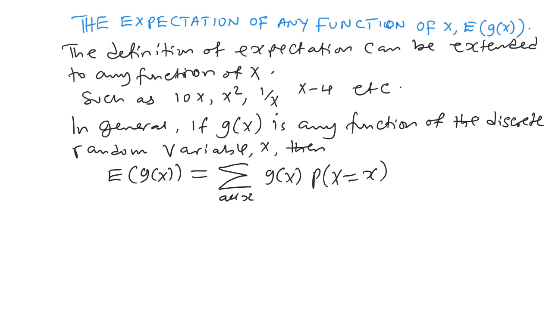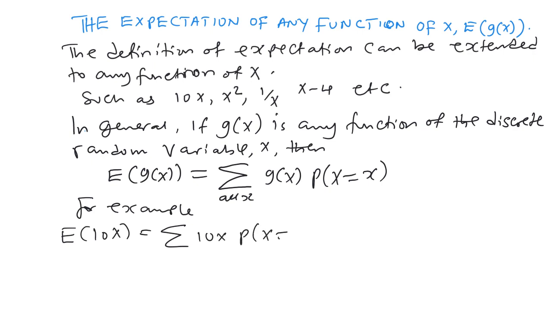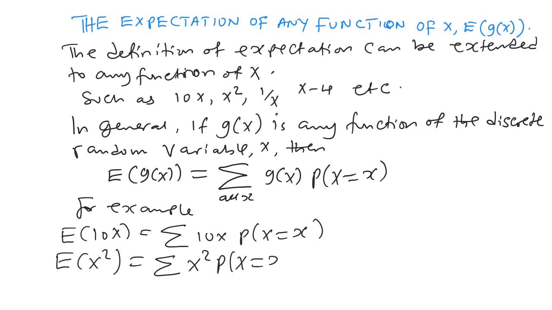So we can just give examples of functions and just fill in the formula. For example, E of 10x equals the summation of 10x times the probability of capital X is equal to small x. Then E of x squared is equal to the summation of x squared times the probability of capital X is equal to small x.